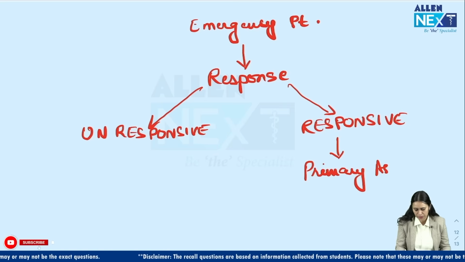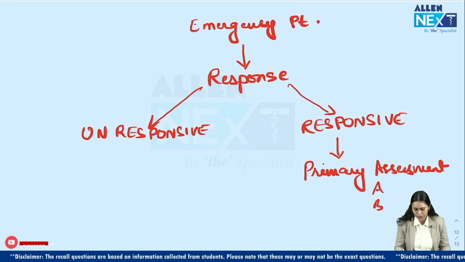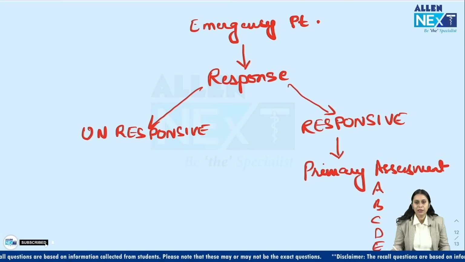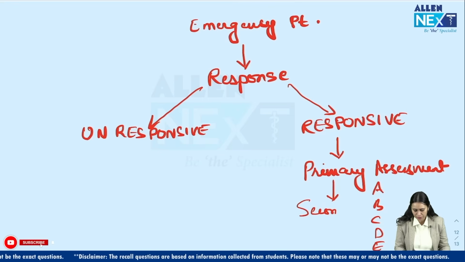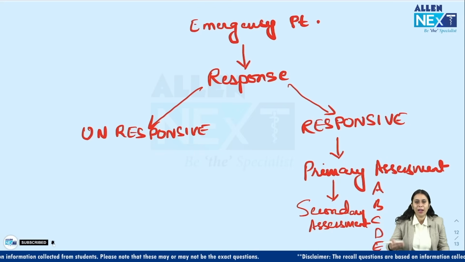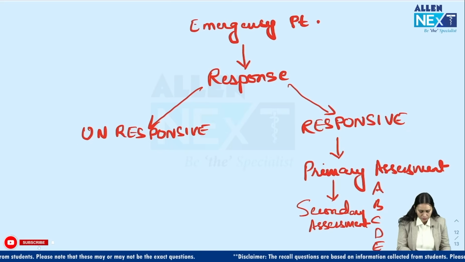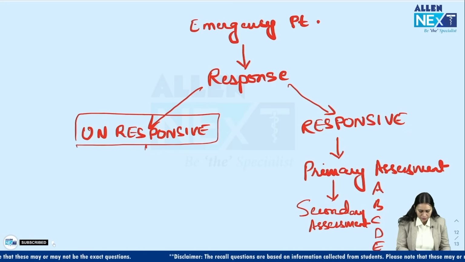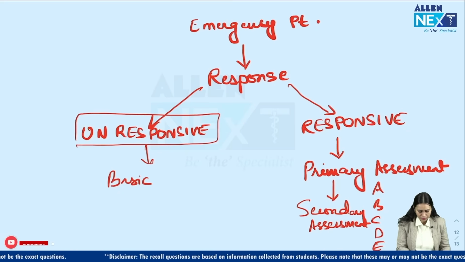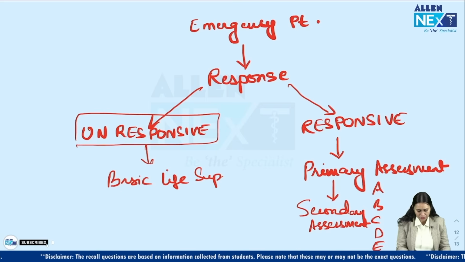Primary assessment is the A, B, C, D, E assessment: airway, breathing, circulation, disability and exposure. After that we do secondary assessment, to find the cause of why the patient has landed up in this position. If the patient is unresponsive, we go for the basic life support approach.